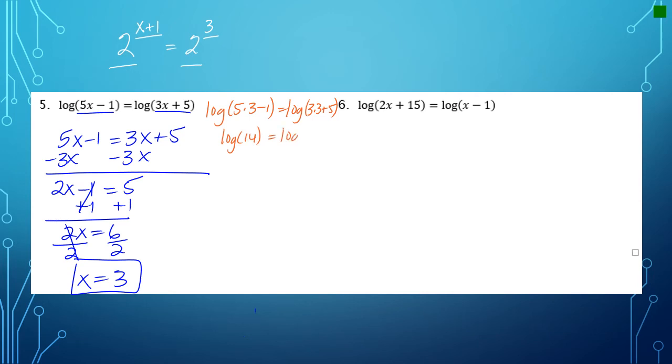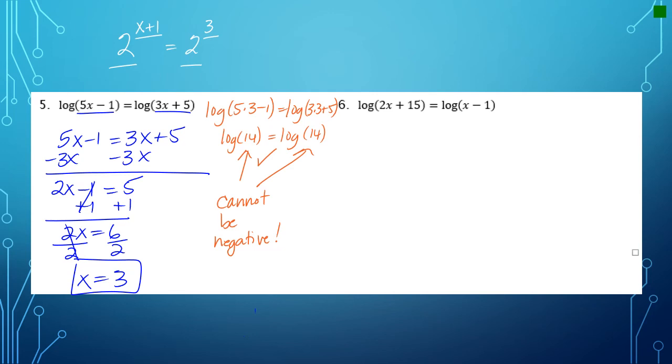And then this would be 9 plus 5, which is also 14. So I get the same thing on both sides. And it's not good enough for me just to say they both came out to be the same. The reason I know that this is not extraneous is because I don't have a negative number here. So the number in the parentheses of your log cannot be negative, because negative numbers are not in the domain of logarithms.